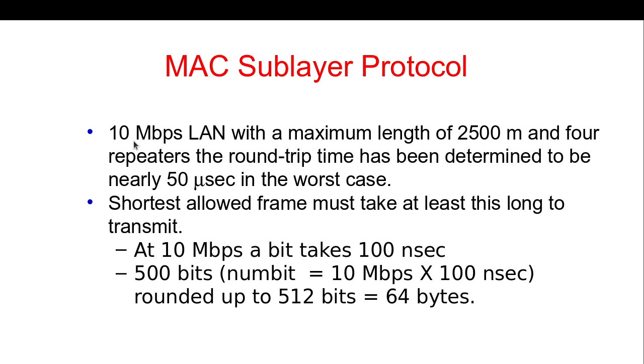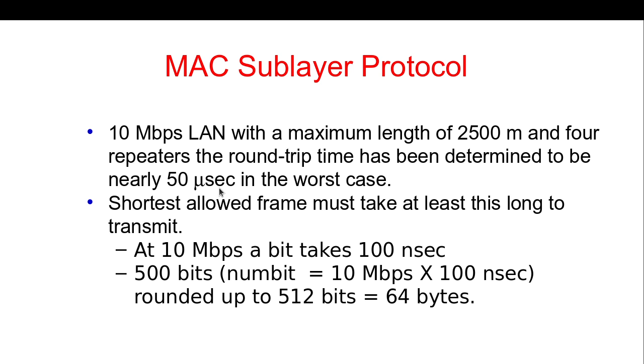To calculate the time required, consider a 10 Mbps LAN with a maximum length of 2.5 kilometers and a maximum of 4 repeaters. For this configuration, the round trip time has been determined to be nearly 50 microseconds in the worst case.